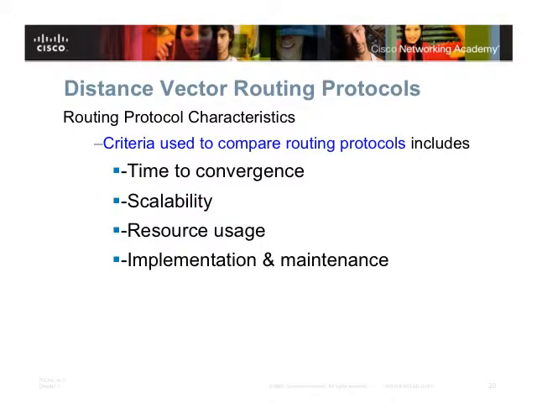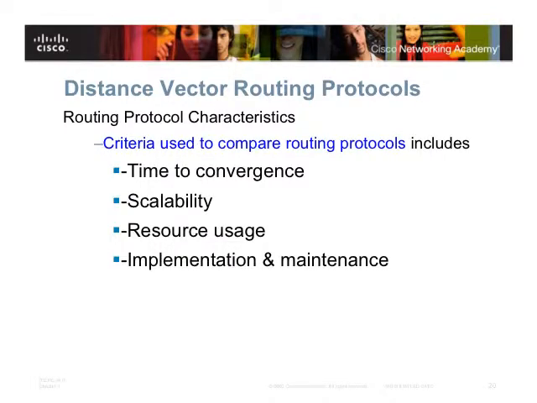Scalability is affected a little bit by the route updates. For example, RIP is not very scalable in nature. Why? Because if there is any network change and we have to wait for 30 seconds, well, if the network is small, chances are that change will propagate in the network very fast.